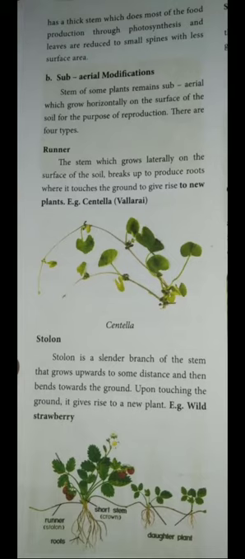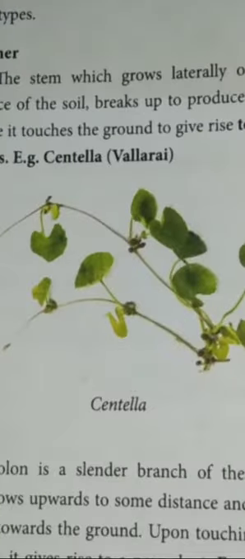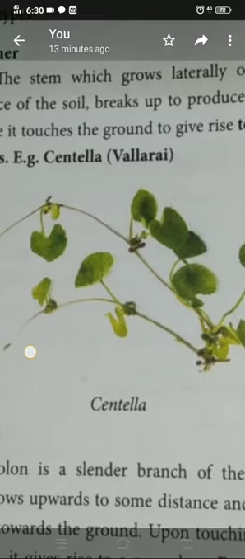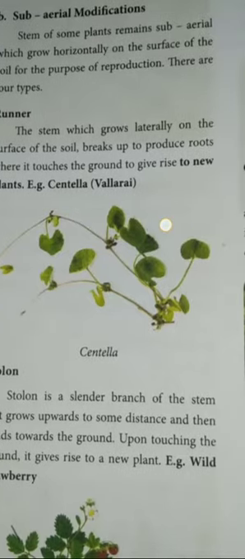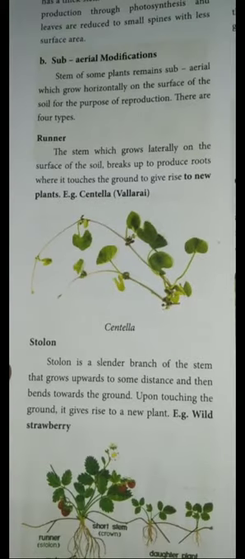It breaks to produce roots which touch the ground and give rise to a new plant. So this stem grows in a straight manner only, but when it touches the ground it produces a new plant. Vallarai grows likewise.